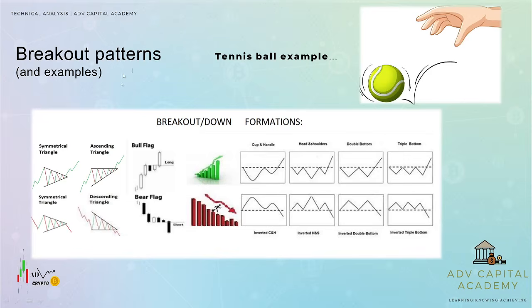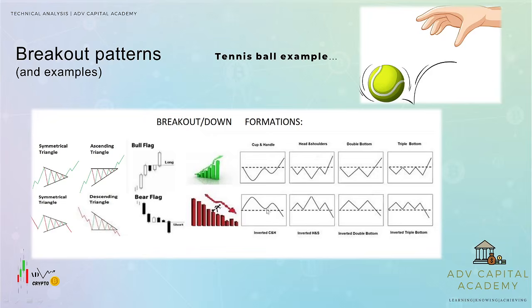For example, you have a tennis ball and you drop it from some height. The tennis ball jumps, then goes up, then jumps again, goes up, jumps again, and then less and less and less until it falls to the ground. If there was a hole, the tennis ball would just fall through.